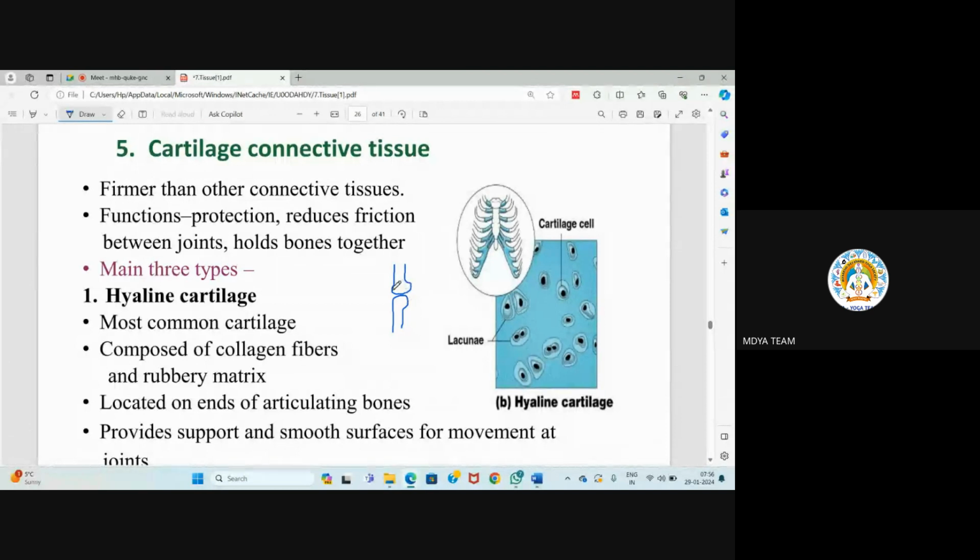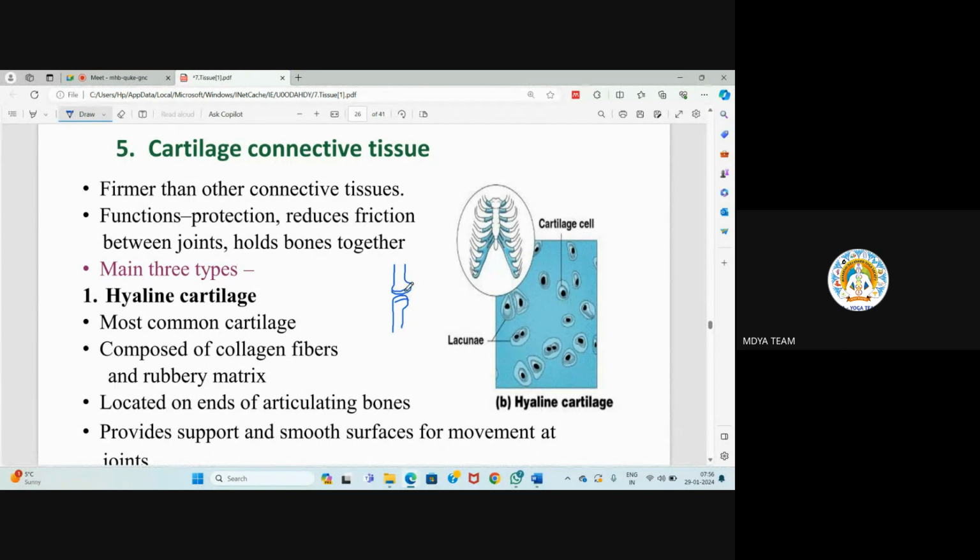So here a layer of cartilage we can see.